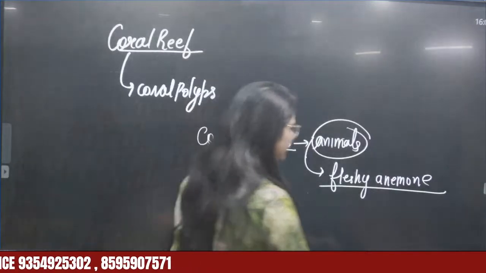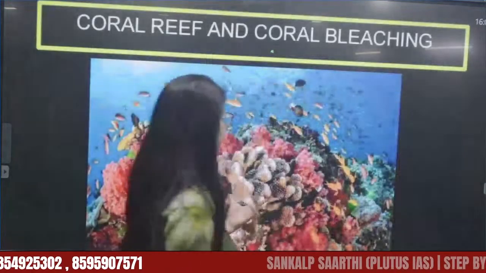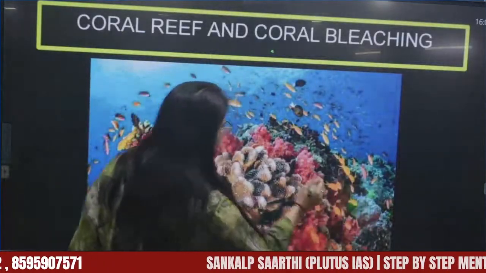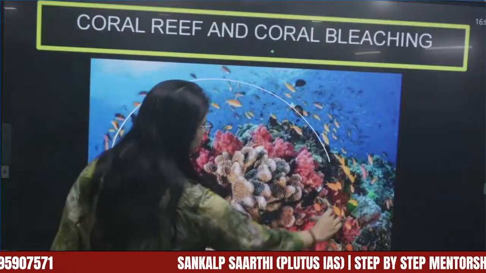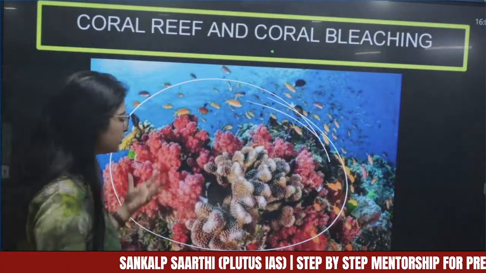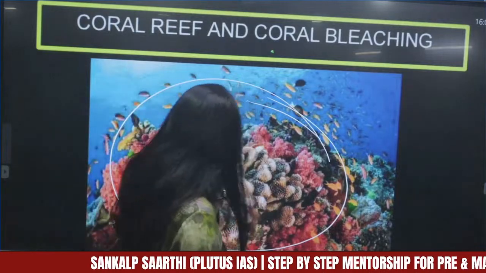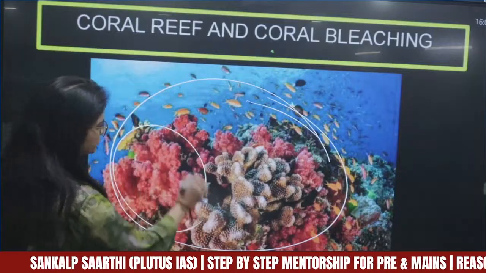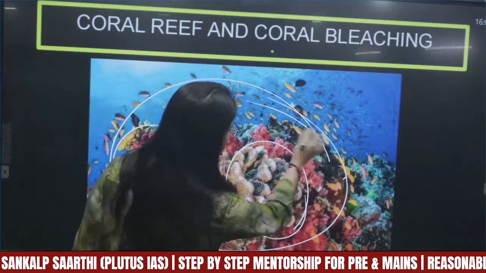Can you see the image over here? Right? This beautiful image that you can see over here is the image of the coral reefs, coral polyps which are being formed. Now, how are they formed? Can you see the different colors also associated with them?